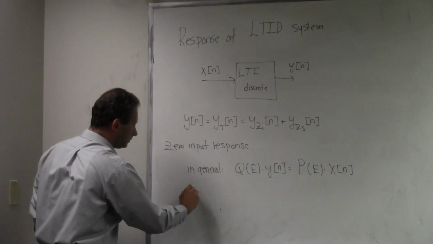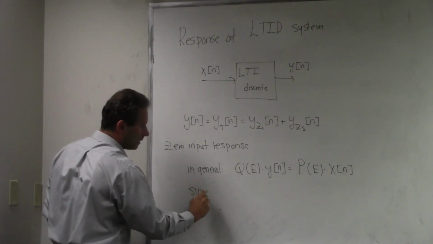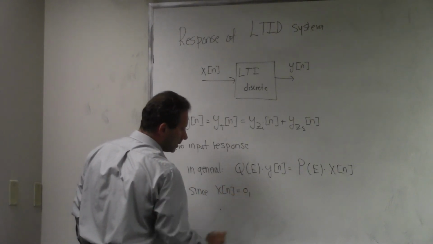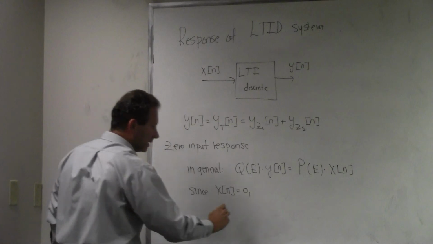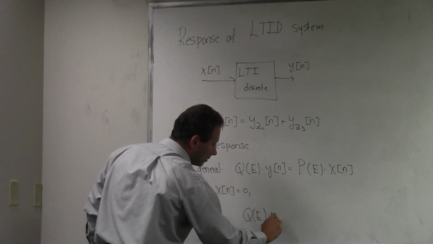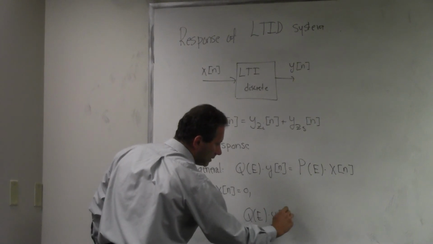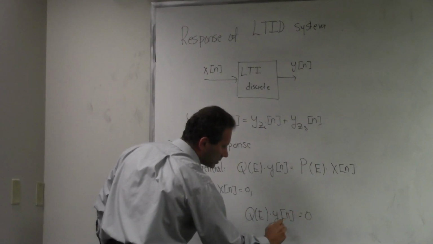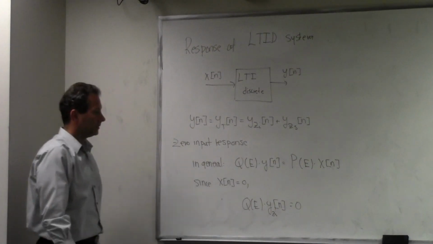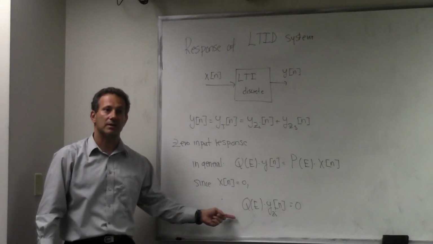But since x of n is equal to 0, the difference equation that I have to solve is Q of E y of n equal to 0. Let's call this equation zero-E. That's the difference equation that I have.